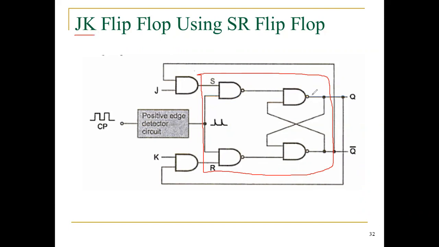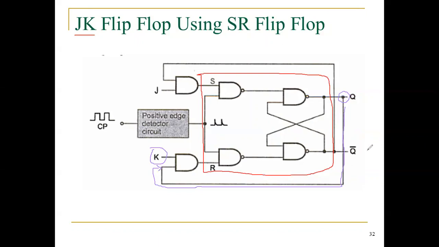How? Listen carefully. Just by connecting the cross connections of your output into the input by using another AND gate. The changes are only these two points. My Q output is taken and has to be given to one of the inputs of an AND gate on the K input side.